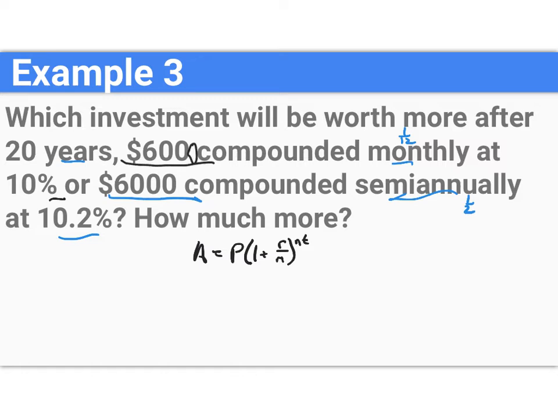So our principal is 6,000. 1 plus our r is the percentage or rate, which is 0.10 after you divide 10 by 100. Our 12 is our number of times, and then 12, because it's compounded monthly, is 12 months in a year, times 20.